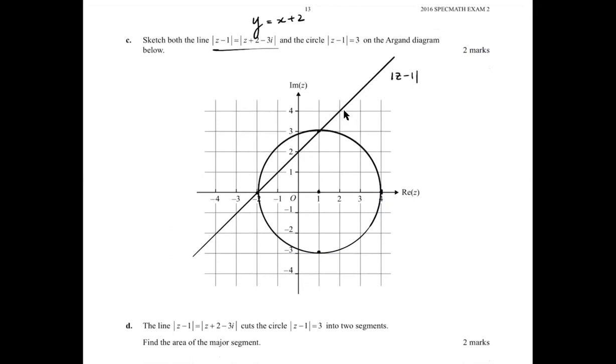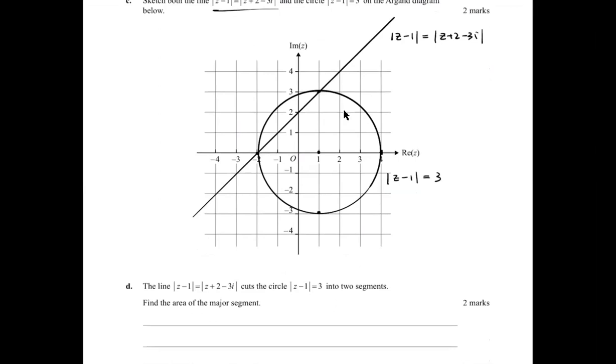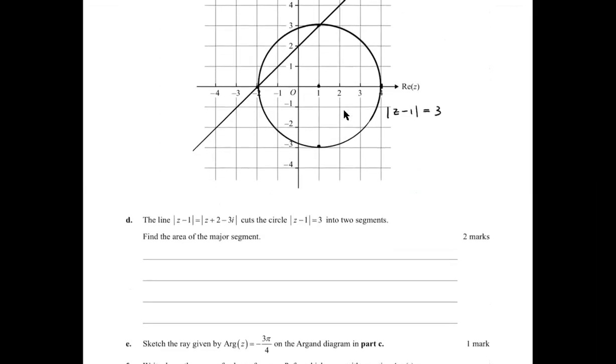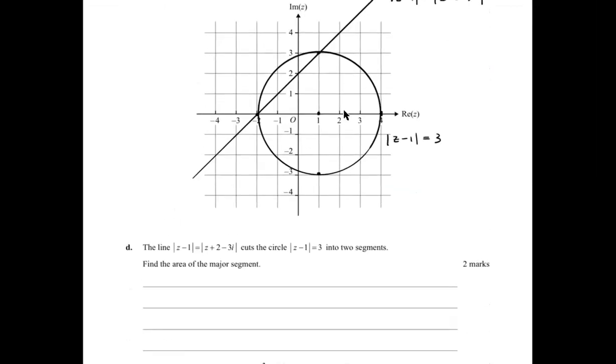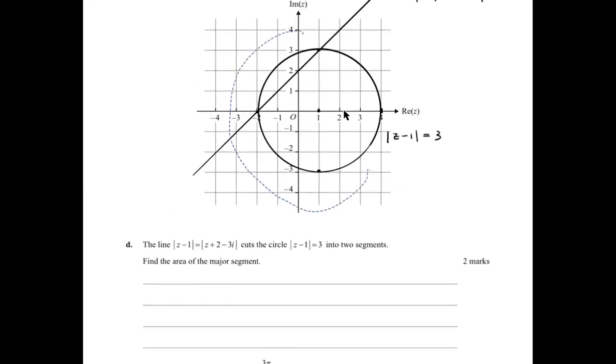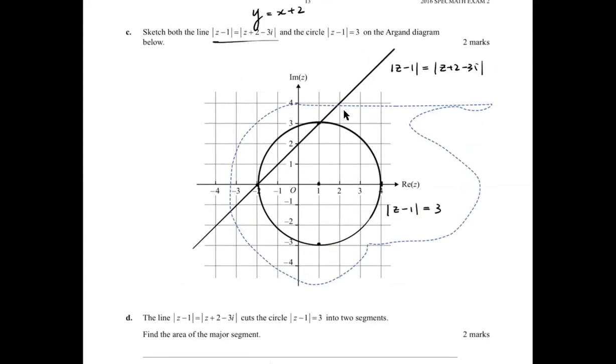Sketch them, better label them. |z - 1|, |z + 2 - 3i|. And this guy here is |z - 1| = 3. The line cuts the circle into two segments. Find the area of the major segment. So, how about some copy paste.